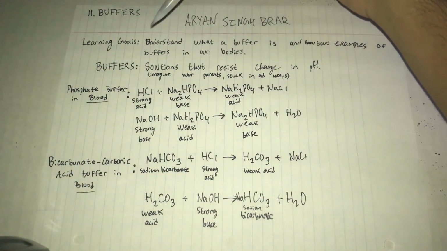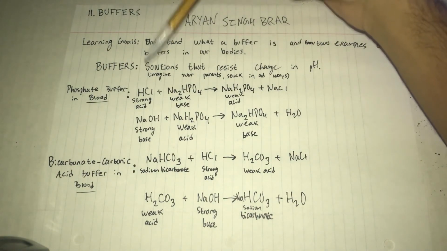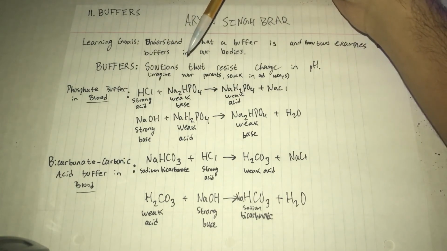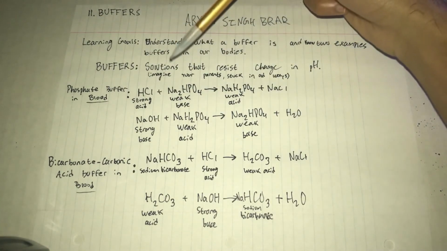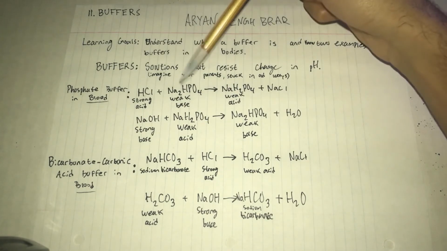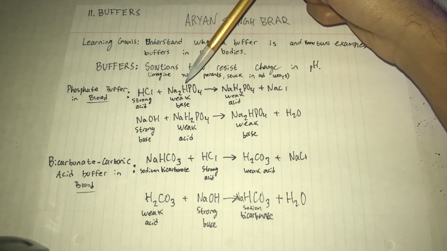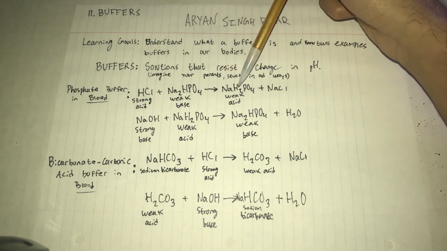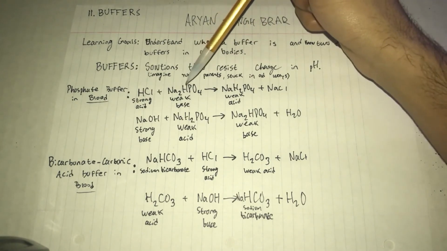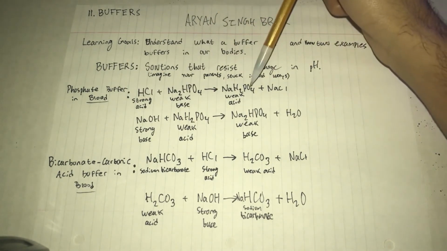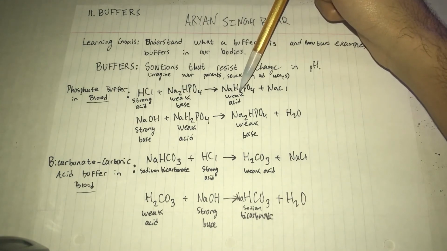The first one is the phosphate buffer in blood. When a strong acid like hydrochloric acid donates a proton to the buffer solution, it's a weak base, and it'll accept that proton and become a weak acid. But if you think about it, it's actually the conjugate acid.